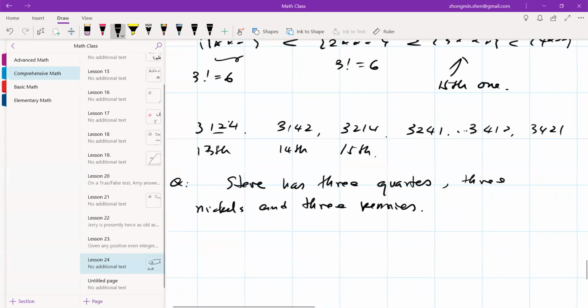If Steve selects 3 coins at random without replacement, what is the probability that the total value is exactly 35 cents?